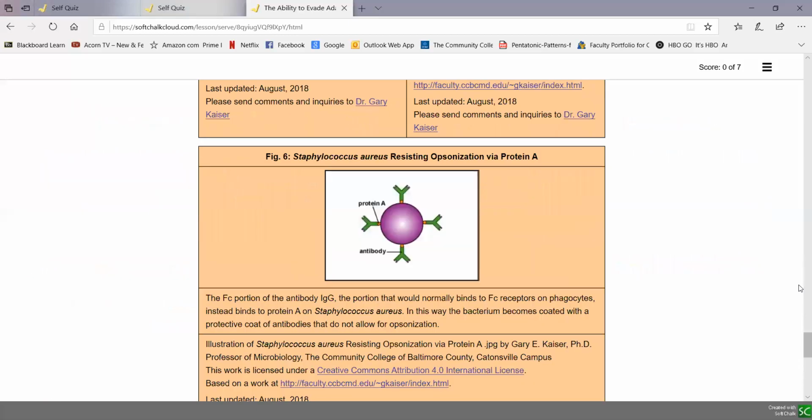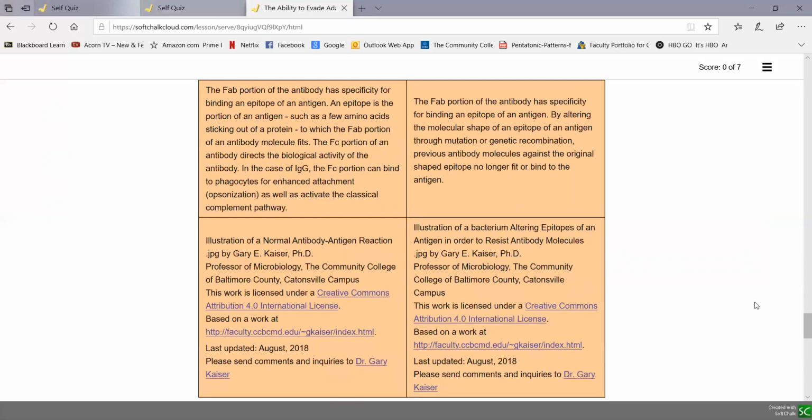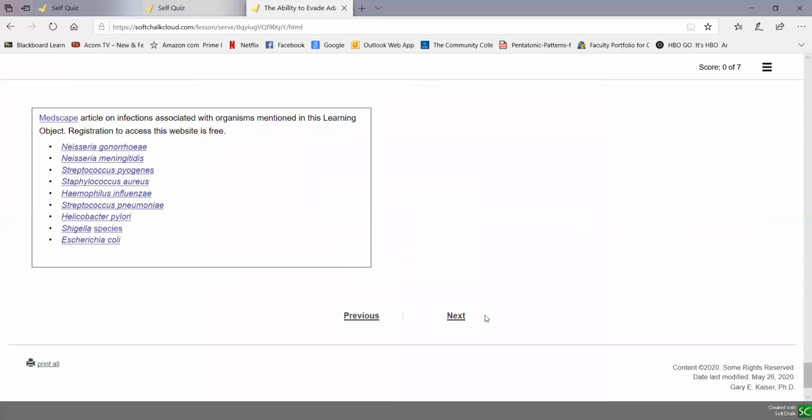So those are some of the ways that bacteria can resist our adaptive immunity through antibody production against the organism, by changing the shape of the epitope so the antibodies don't fit, by interfering with opsonization or any of the other mechanisms we looked at. And again, anything a bacterium can do to resist innate immune defenses and anything it can do to resist adaptive immune defenses are going to help it survive in the body and colonize.